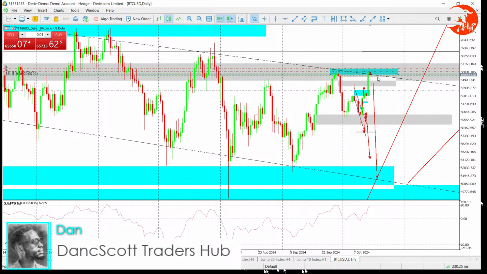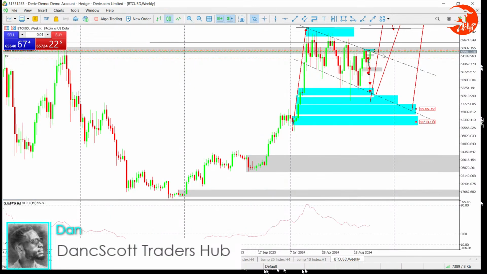Some are in profits, one is actually in some floating loss currently. But what we can anticipate for now are the sales to bring us all the way here, mitigate liquidity all the way down, and we keep within this falling wedge, or whichever you want to call it, a channel.